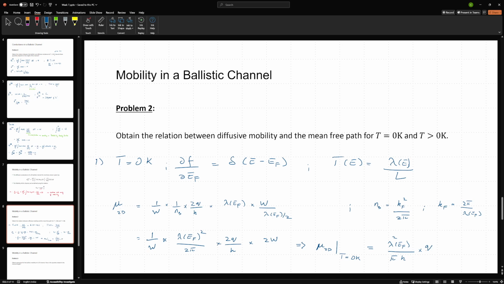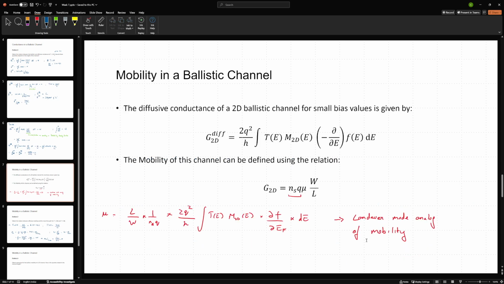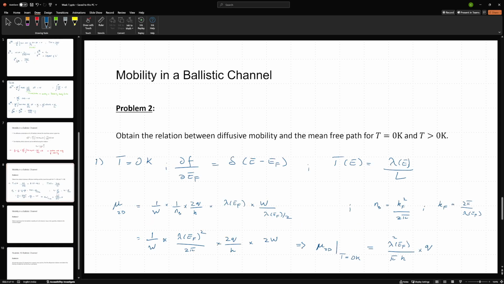And you can see that the dimensions will also more or less agree in this case, because the conductance, just to go back here, or the conductivity to be more precise, is just going to be the charge into the mobility. So the mobility is a quantity that will have velocity per unit length as its units. And you can see that that is actually the case here, because this is length square and h has dimensions of angular momentum.